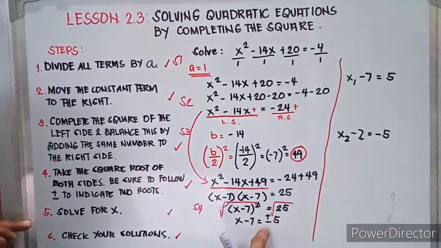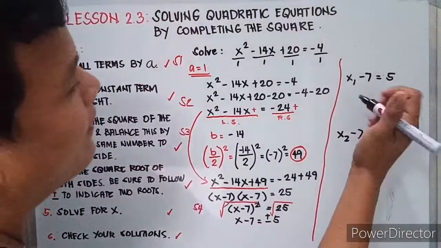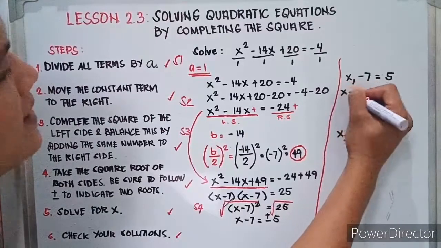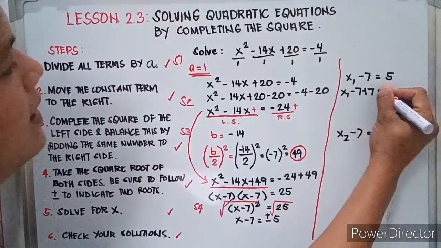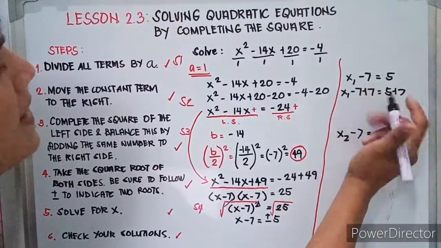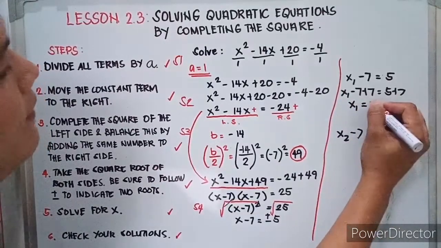For x sub 1 we take the positive 5, and for x sub 2 the negative 5. Then solving, the additive inverse of negative 7 is positive 7. So x sub 1 minus 7 plus 7 equals 5 plus 7. Negative 7 plus 7 is 0. So x sub 1 equals 5 plus 7, that is 12.